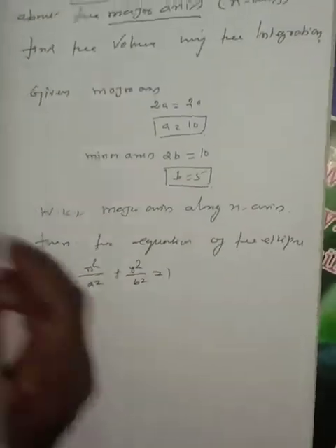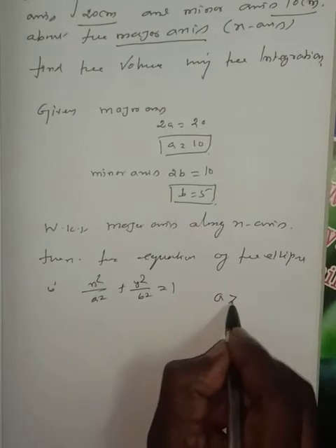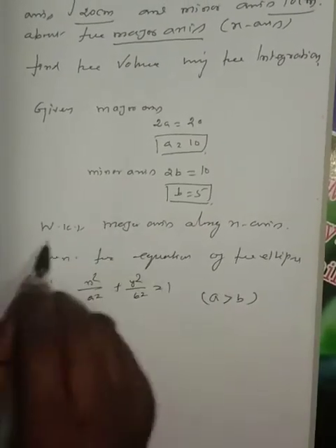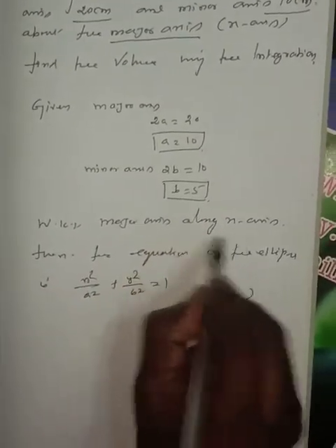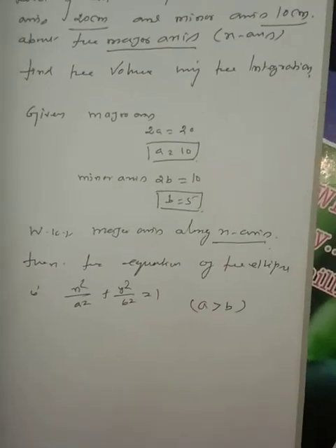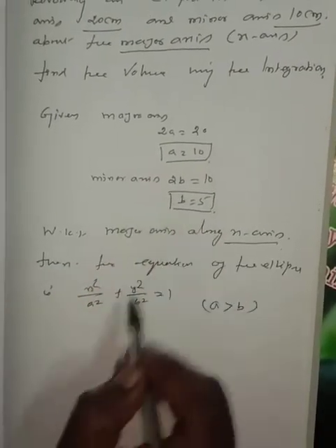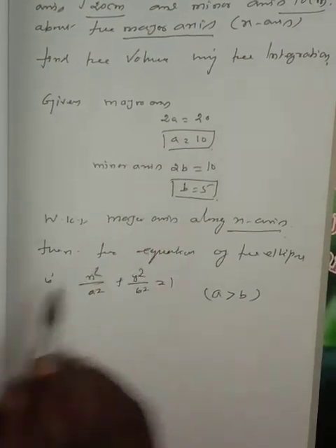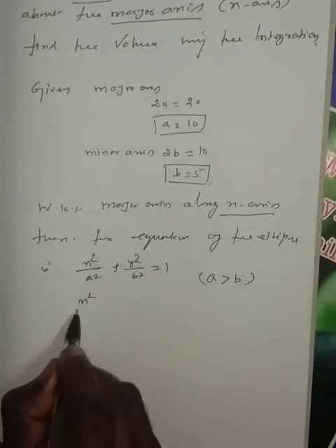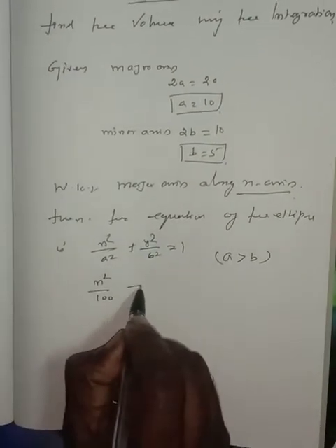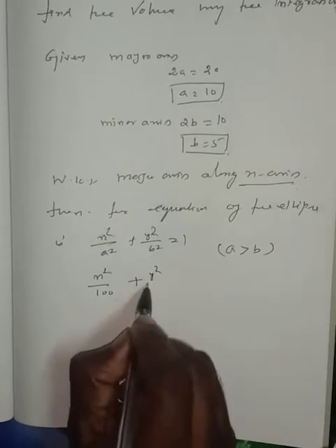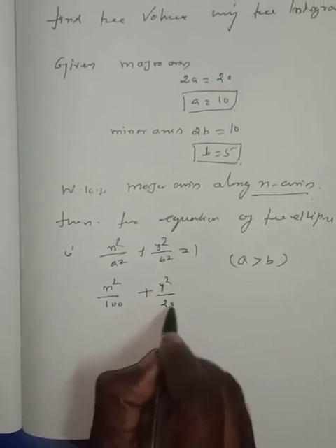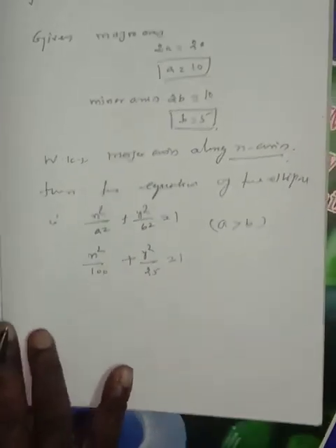In this case, a is greater than b, major axis along x axis. Here a is 10, b is 5. Therefore x square divided by 100 plus y square divided by 25 is equal to 1.